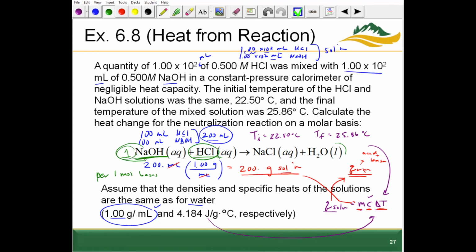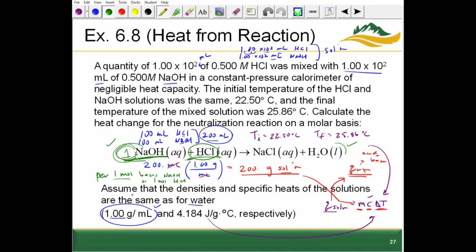It's how much energy or heat for every 1 mole of a reactant. So as long as these both have a 1 molar coefficient out front in this balanced chemical reaction, then we can say for every 1 mole of NaOH or for every 1 mole of HCl.